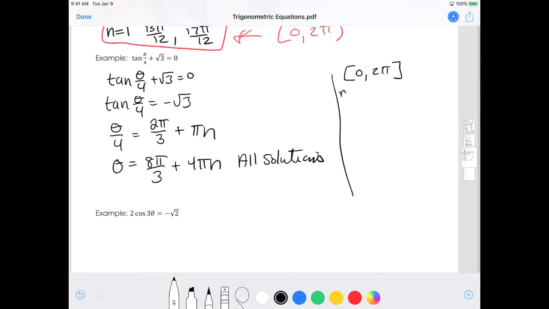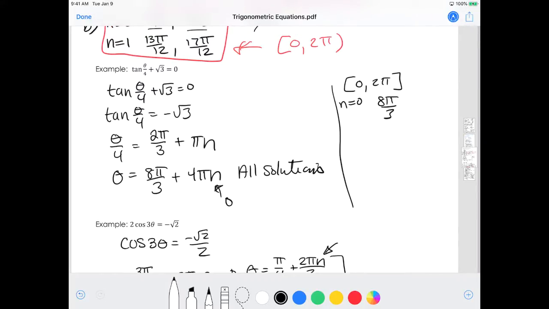If I plug in n is 0, that's where I'm going to start. I'm going to plug in 0 for n here, and then I'm just going to get 8 pi over 3. Now, if you notice, even though I plugged in n is 0 and I get 8 pi over 3, this is already over 2 pi.